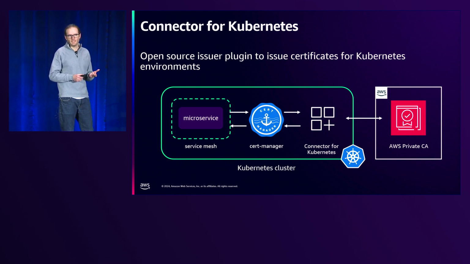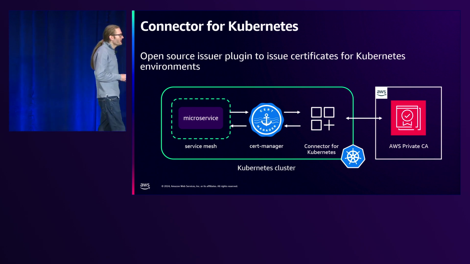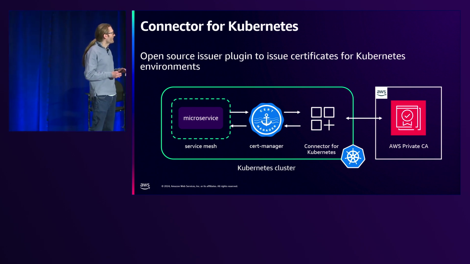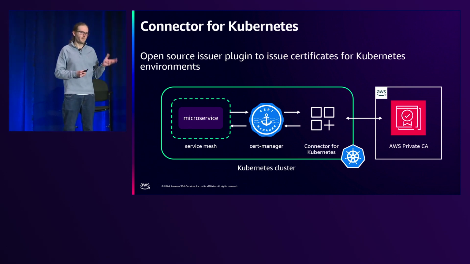So you can create this service using Cert Manager that will allow you to get certificates from private CA. We have built a provider plugin for AWS Private CA. And so that will let you use Cert Manager like you're used to if you already use it, but get the certificates from private CA is effectively the change.